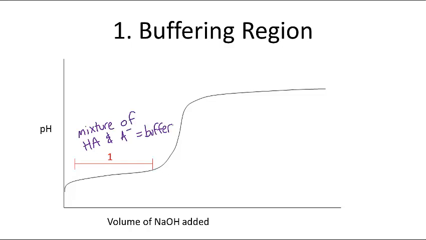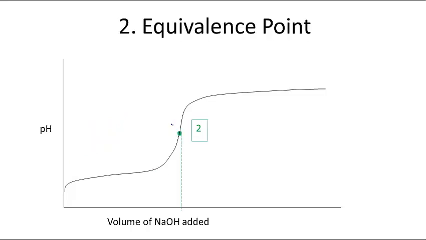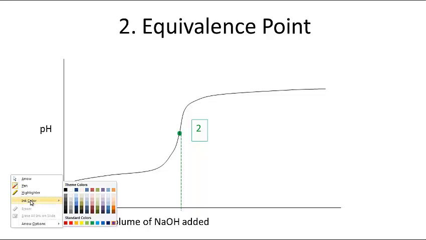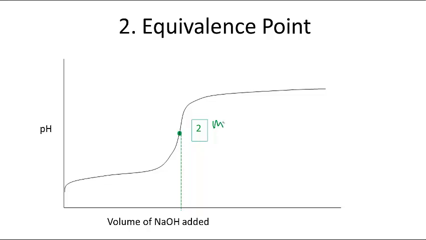Then we reach the middle of the graph. The middle of the graph we call the equivalence point. And what's special about the equivalence point? All right, the number of moles of acid and moles of base are equal.